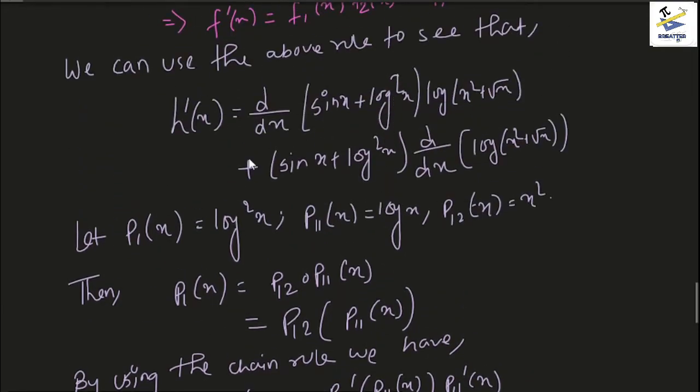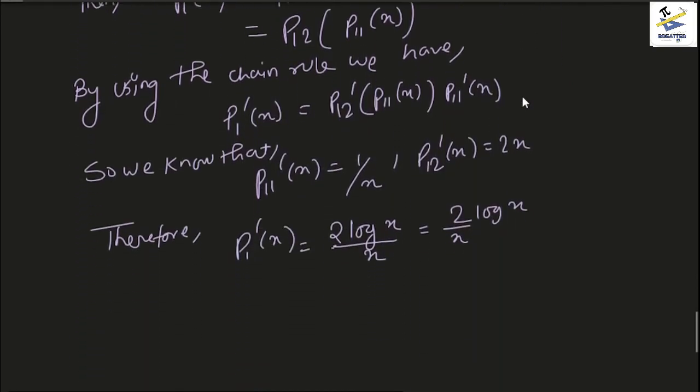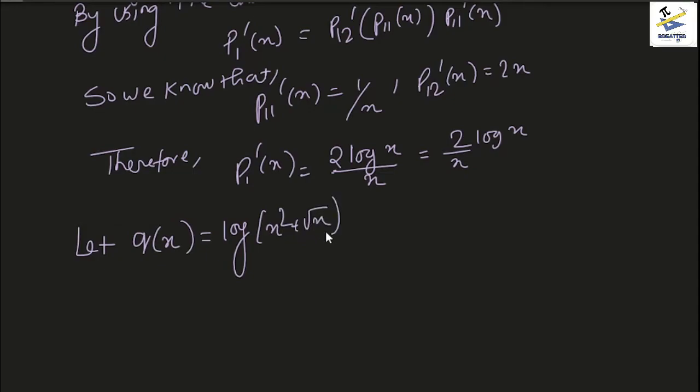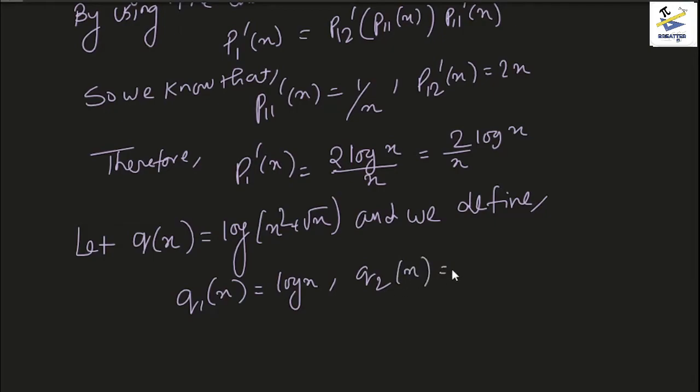So this is one of the functions we wanted to evaluate, and another function we want to evaluate is log of x square plus root x. So let's just evaluate that as well. Let q of x equal log of x square plus root x, and we define q1 of x equals log x, while q2 of x equals x square plus root x.